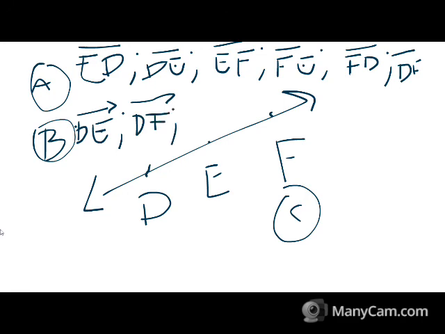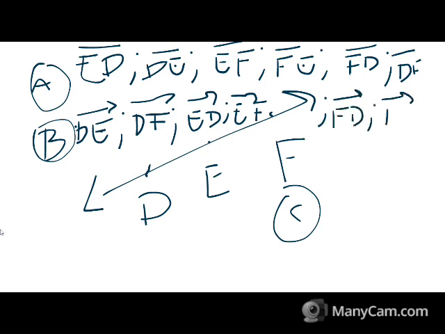Oh, let's not make that backwards. ED, EF, FD, and FE. So you can see that order matters on this one because you have an endpoint and an arrow.